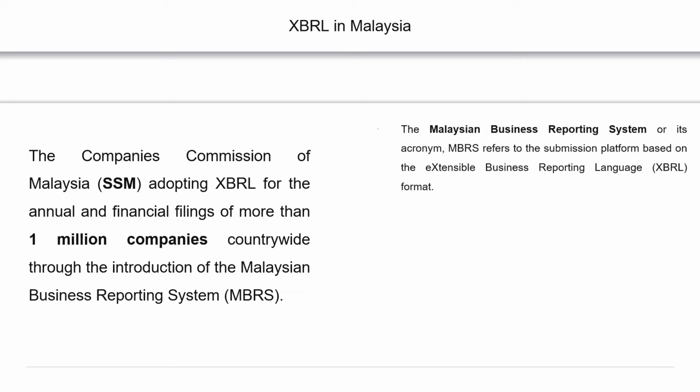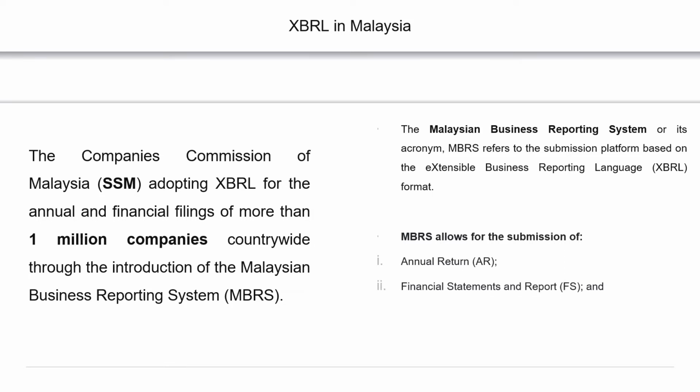The MBRS refers to the submission platform based on the extensible business reporting language, as we explained just now, XBRL format. MBRS allows the submission of the annual returns, financial statements and reports, as well as exemption applications related to either the financial statements or the annual returns.